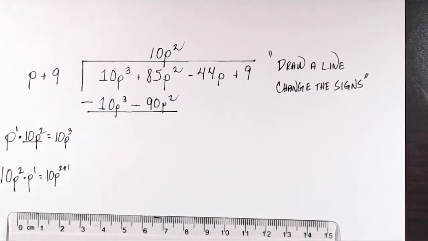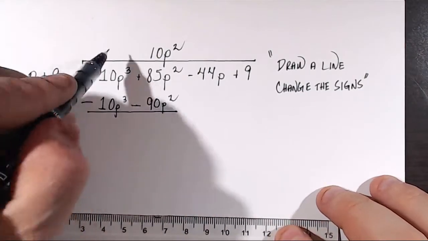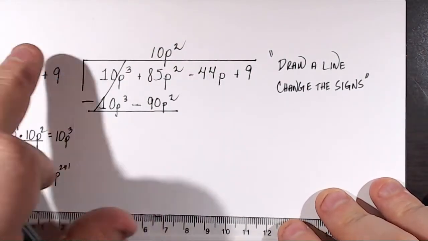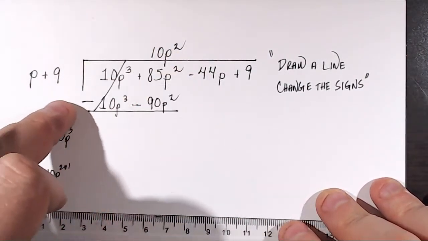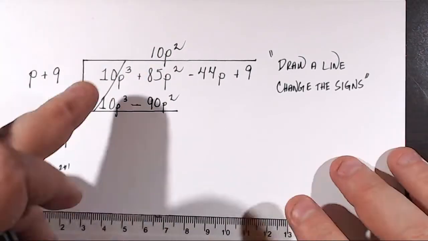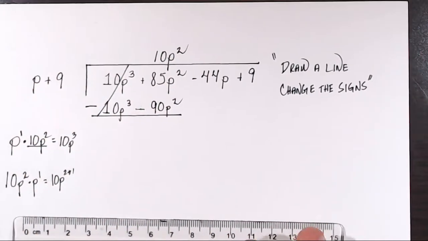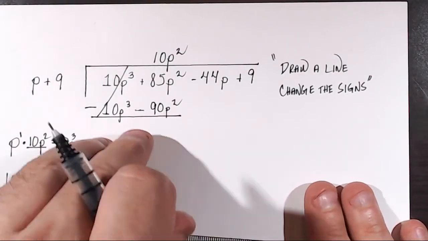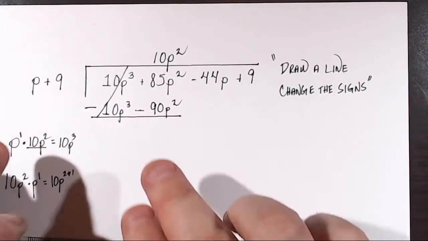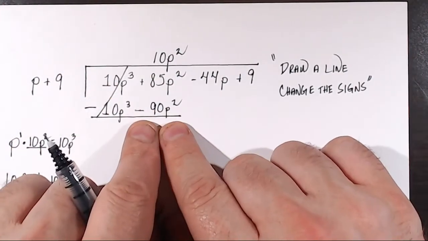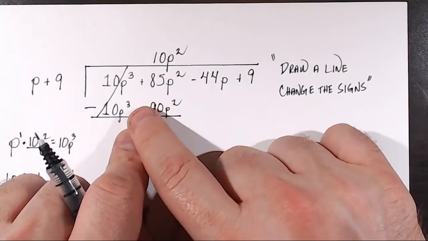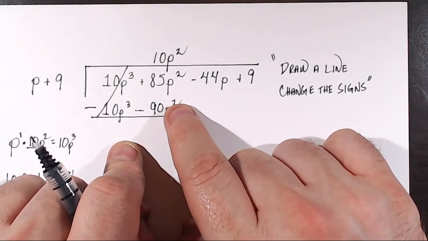Okay. Now stack and add. These terms should both cancel out because you've got 10p cubed minus 10p cubed. It goes away. This first term should always disappear for each level as we go down the levels. Now, what is positive 85p squared minus 90p squared?